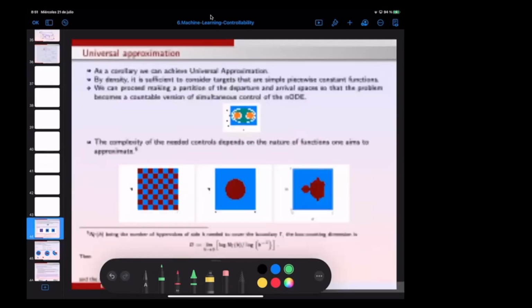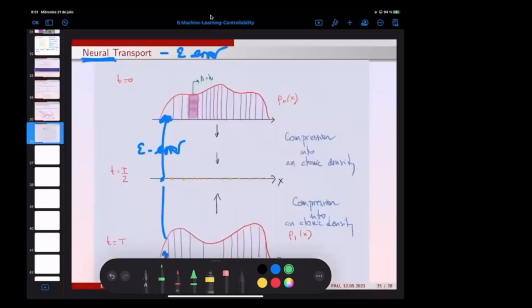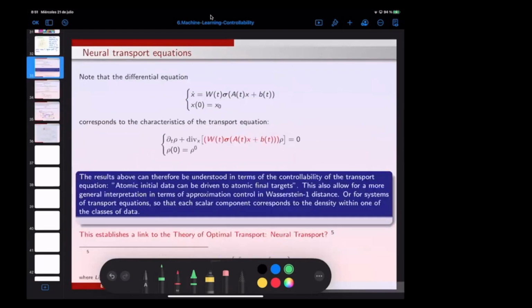We are really dealing with the neural transport equation, let me see where it's written. It's here. This is the neural transport equation I am considering. So everything I said about the neural differential equation can be reinterpreted, rewritten as information on the neural transport equation.